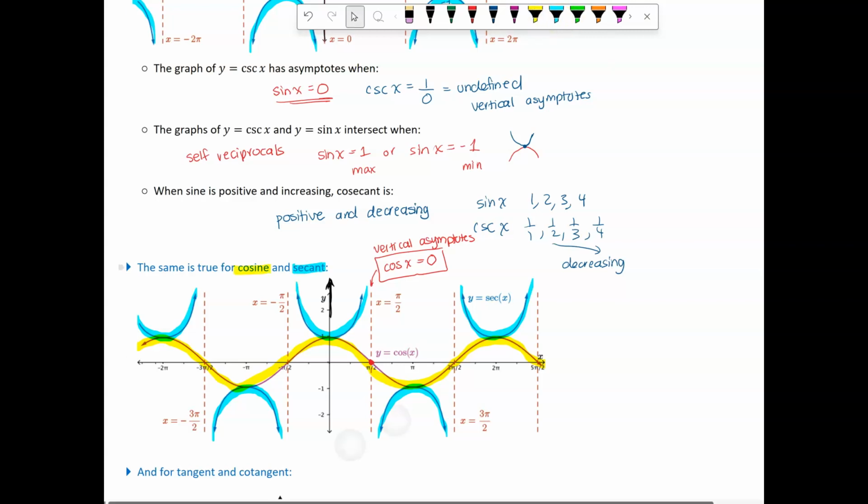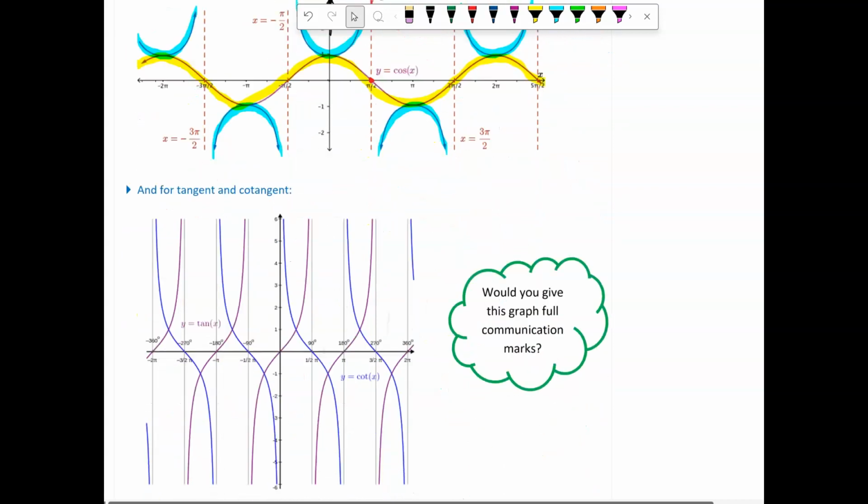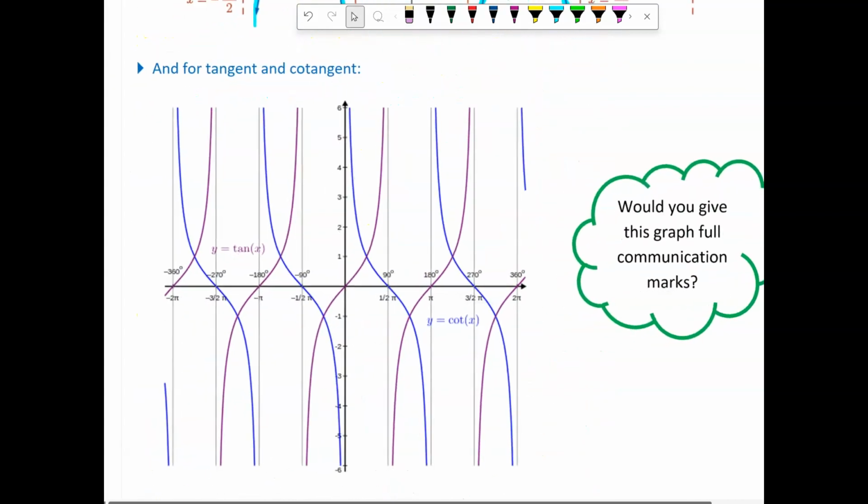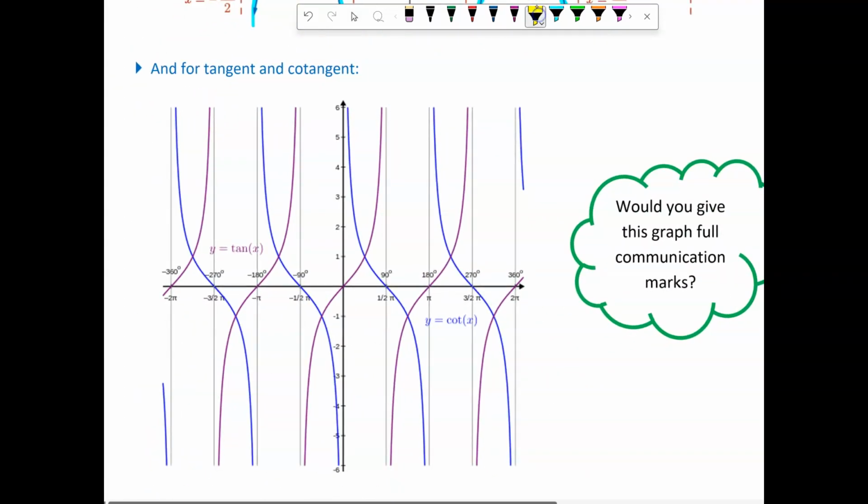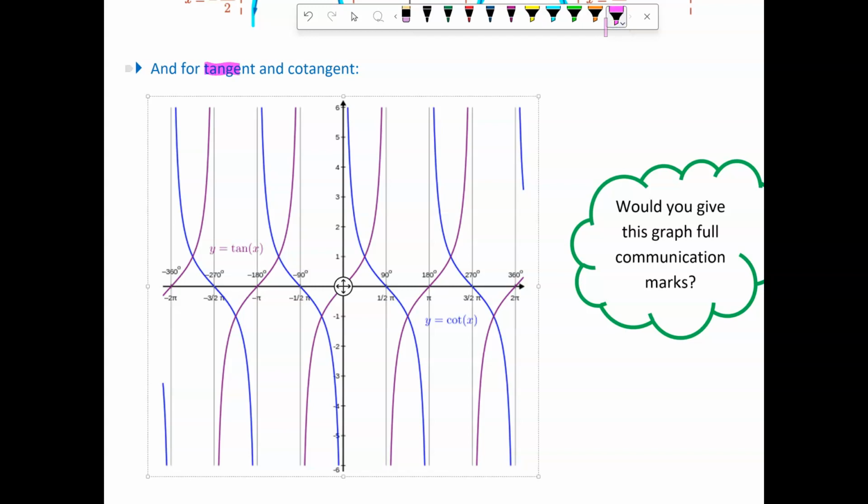All right, what about tangent? All right, so tangent graph, if you recall, the tangent graph looks like this one, the purple one here. So tangent will be my purple, and it looks like that. It goes across the y-axis and does kind of like a cubic graph, right?